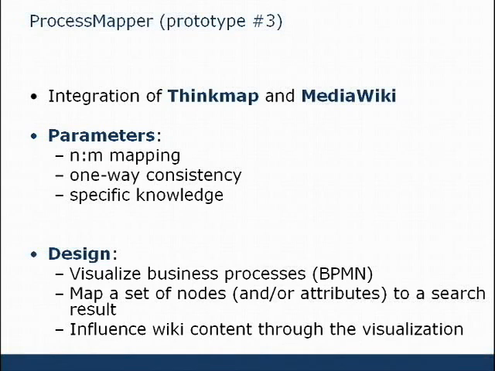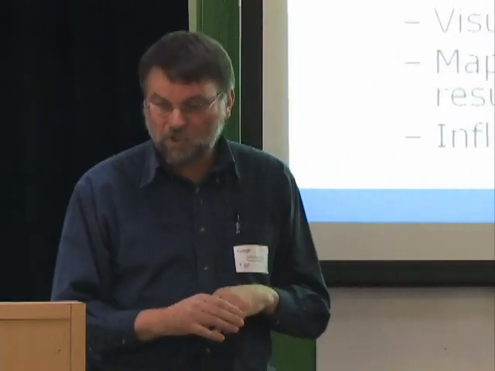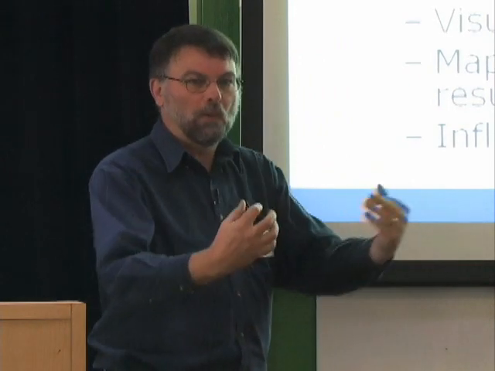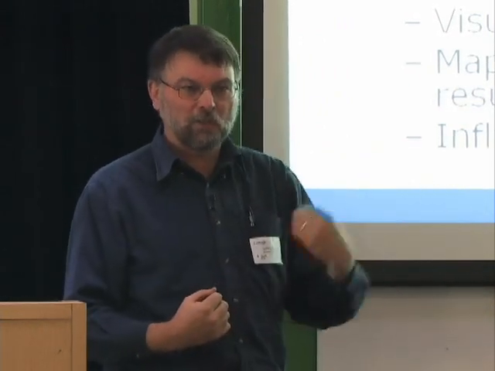So imagine some sort of a business process that you're mapping out, and what you're interested in doing is to map that business process diagram that you have through to a set of nodes that might relate to it as part of a search result. And then the idea is to influence the wiki content through the visualization there. So in this particular case, as you create the visual process within the visualization tool, you get wiki pages generated as a placeholder for playing around with them.